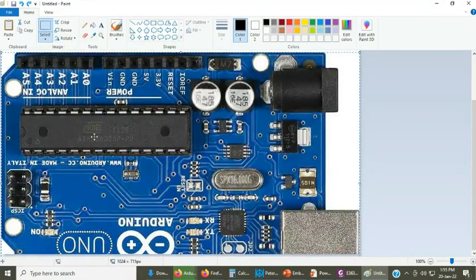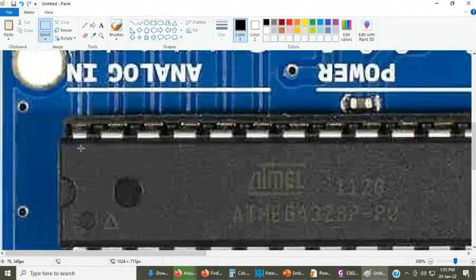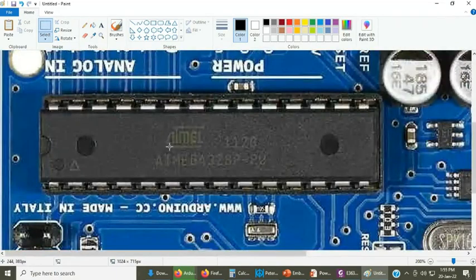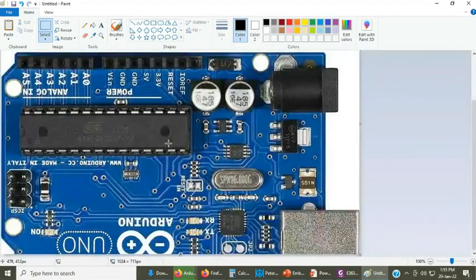Wasn't it made by Atmel? Yeah, you see here, I believe you can see my screen. Atmel, here you see Atmel. Atmel Atmega 328 here in this region. Yes, Atmel Atmega 328.